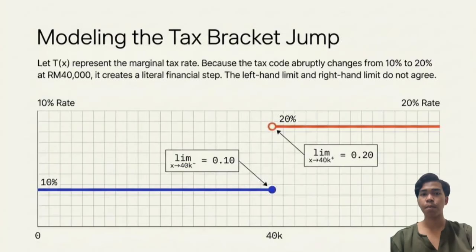First, as we approach 40,000 ringgit from the left, lower income, the limit is 0.10. However, the moment we approach from the right, just over 40,000 ringgit, the limit jumps to 0.20.